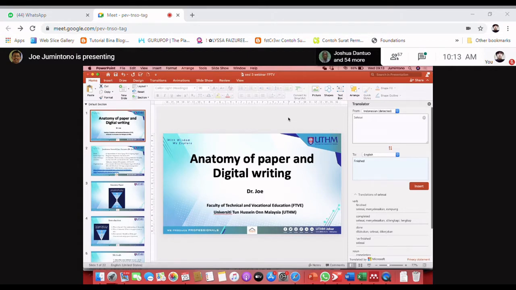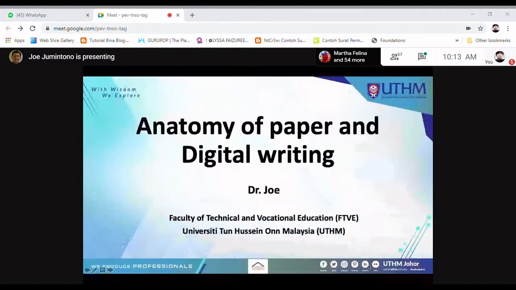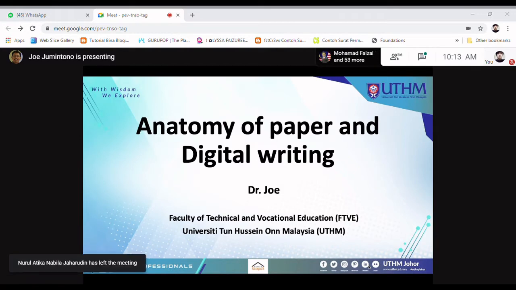There are many tools that we are already familiar with, but the paper has an anatomy like me, like you. Everyone has an anatomy, and a paper has an anatomy like a human. It is about how to put the right thing in the right part of the paper.